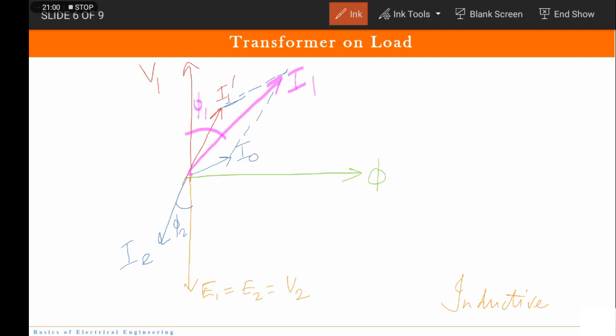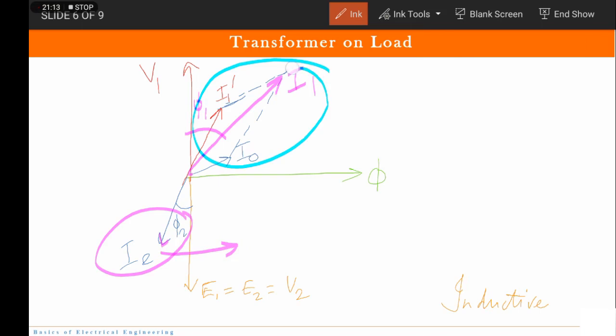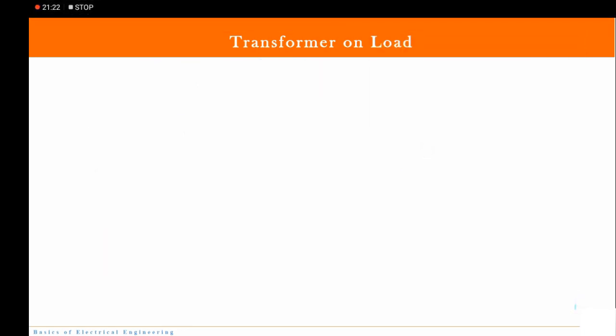Now what will happen during a capacitive load? The current will lead, so it comes here, and this whole portion comes here, because this is going to be exactly in the opposite direction. Let us see how it looks.